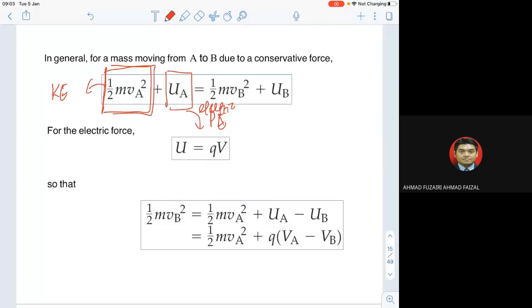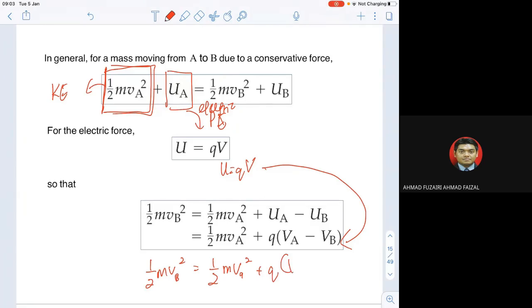When we have an electric force, U is equivalent to qV. Put that inside the equation and we can easily reduce it: half m v_B squared is equivalent to half m v_A squared plus q times (V_A minus V_B).